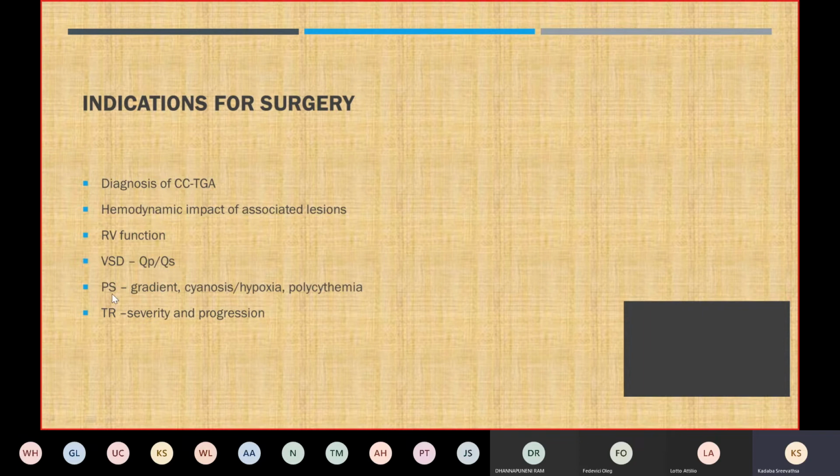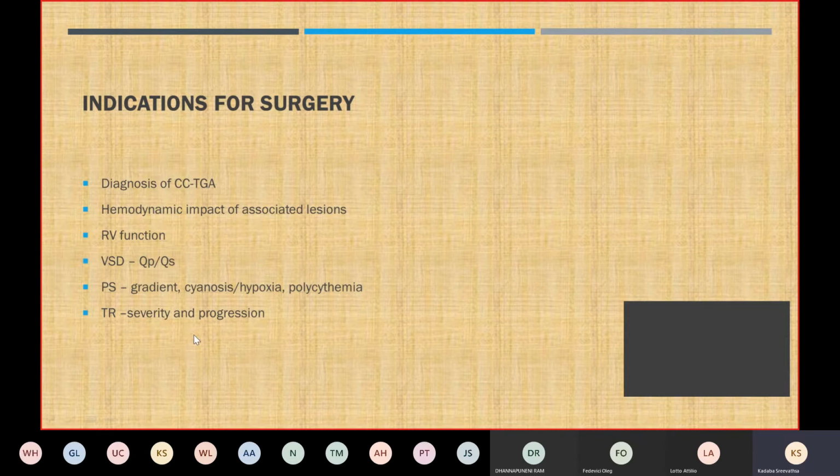If there is pulmonary stenosis, again we need to assess what is the gradient across the pulmonary valve, how significantly is the pulmonary stenosis affecting the patient, can he live with a mild pulmonary stenosis for a longer time, or is he having significant pulmonary stenosis and thus having cyanosis, hypoxia, and also complications due to hypoxia like polycythemia and other complications.